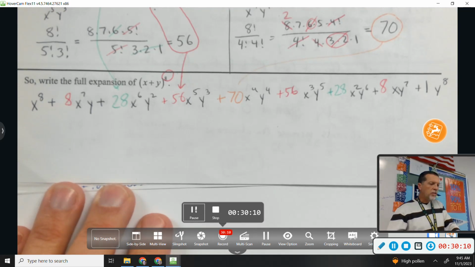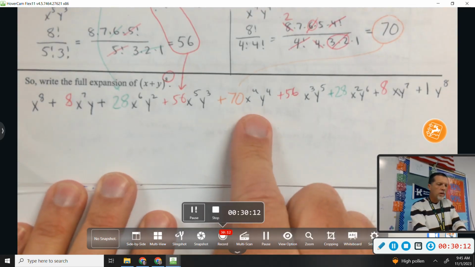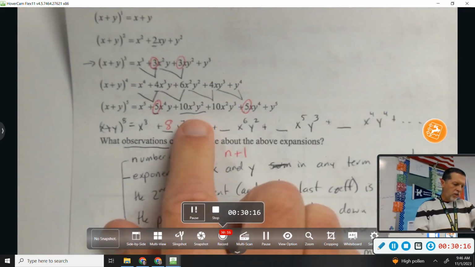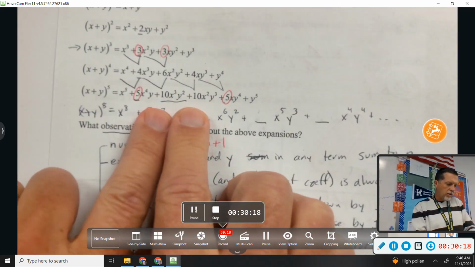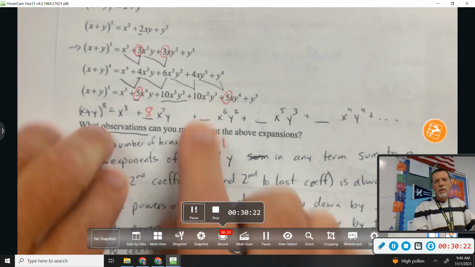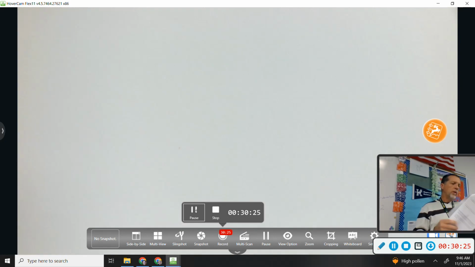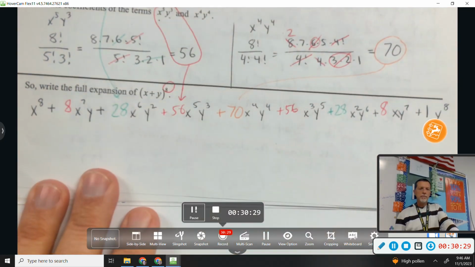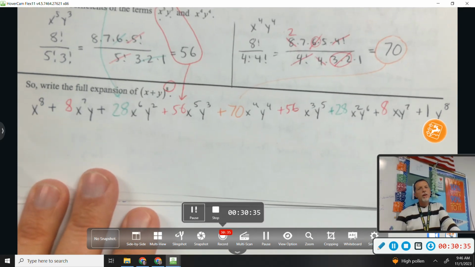So the ones that don't have a middle, that don't have a 4 and 4, it still mirrors. Like look at the previous page at x plus y to the 5th. There's 2 10s in there. So it's still a mirror situation. So it depends on if you have an exactly in the middle term or not. Okay, x's count down, y's count up, and then there's the weird crazy thing for the coefficient.